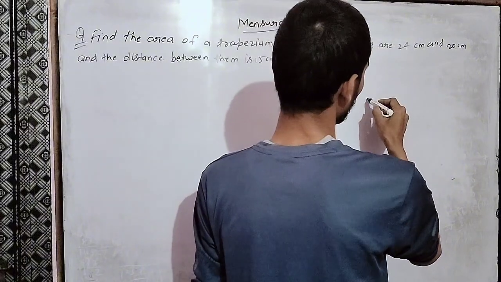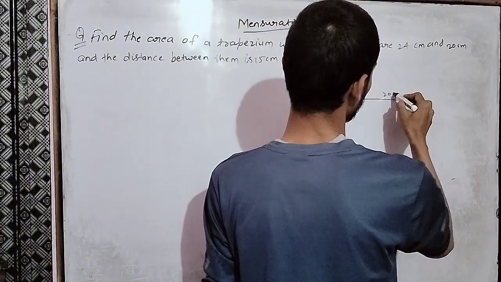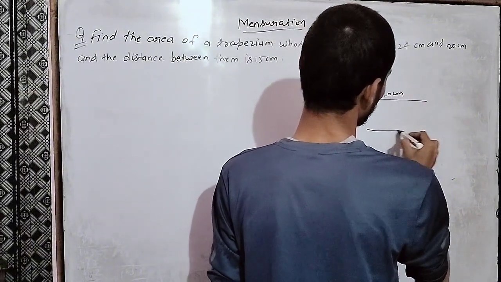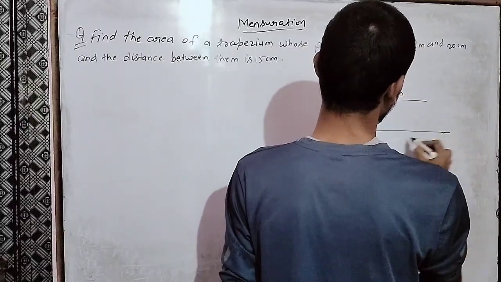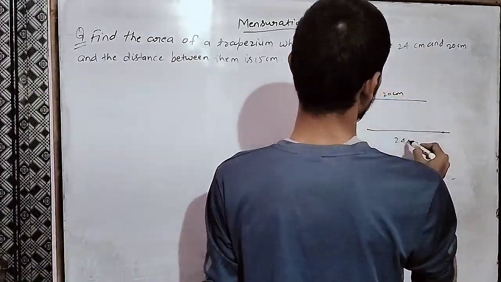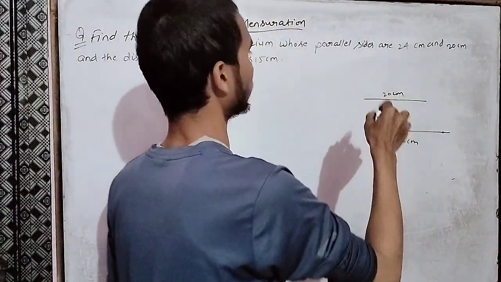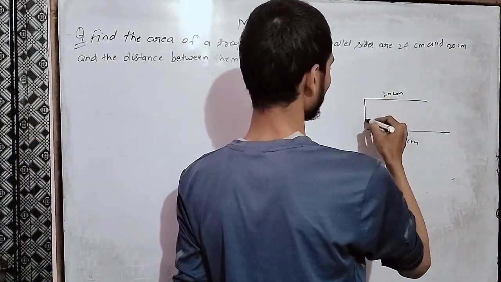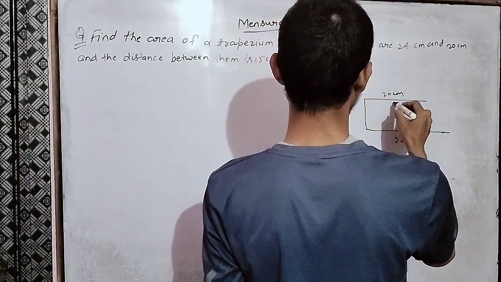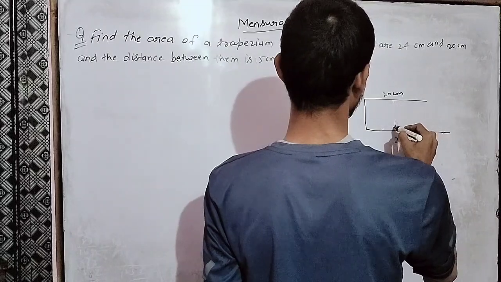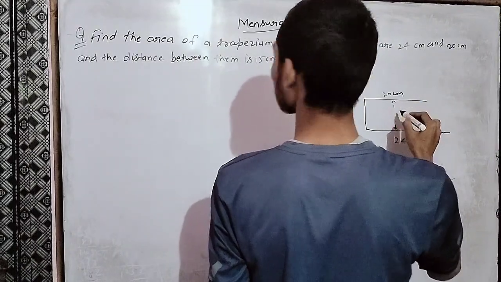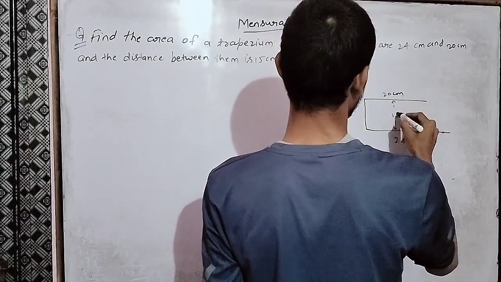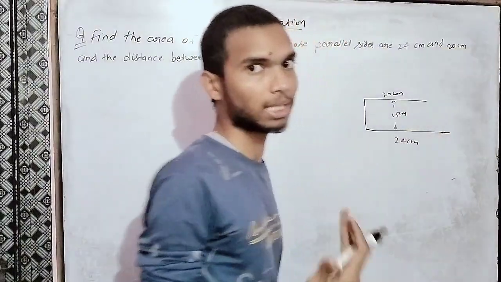So first is 20 centimeter and the second parallel line is 24 centimeter. Now the distance between them is how much? You can say 15 centimeter, which is also the height.